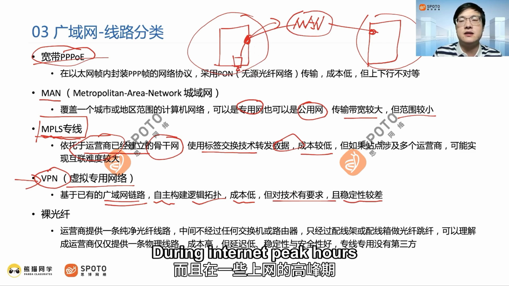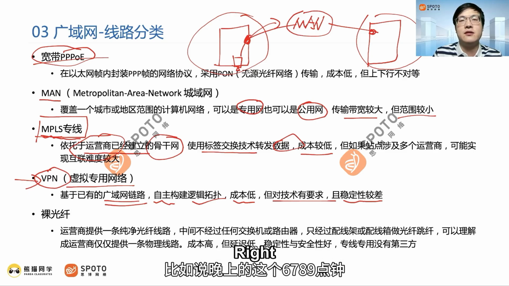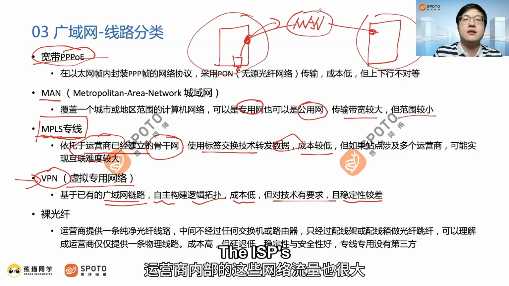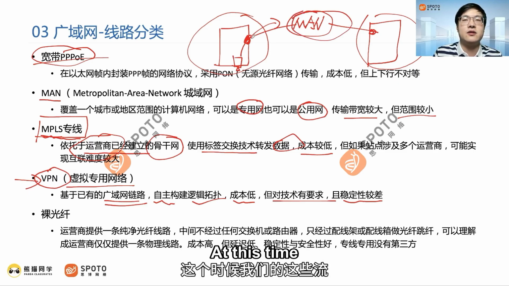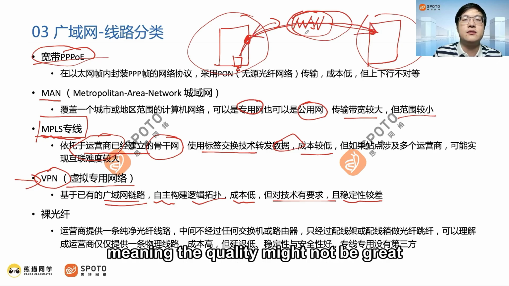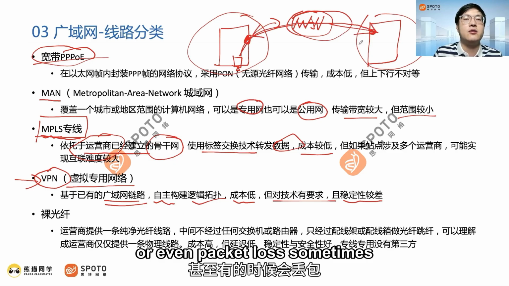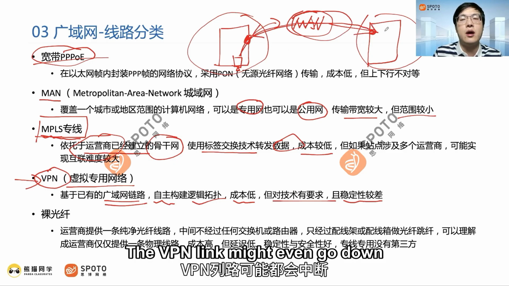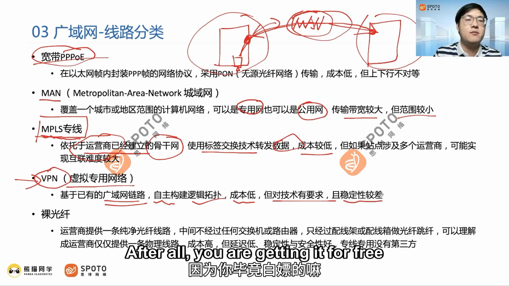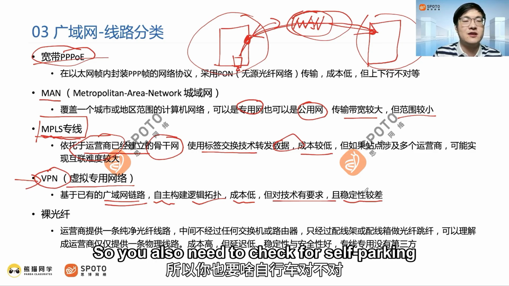Also during internet peak hours, for example in the evening from 6 to 9, everyone is online and the internal networks also have heavy traffic at this time. The VPN traffic may be affected to some extent, meaning the quality might not be great. For example, high latency, or even packet loss sometimes. The stability of the VPN link might be poor, after all, you are getting it for free.